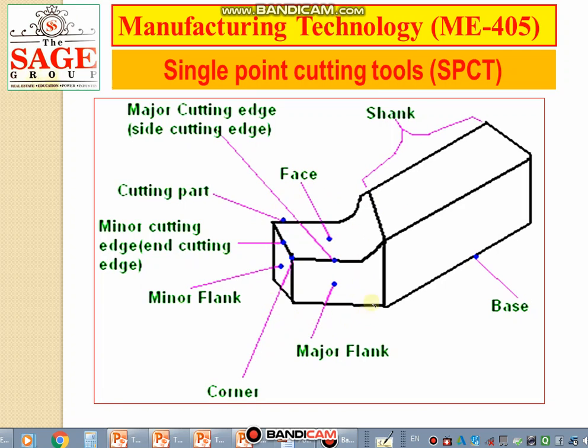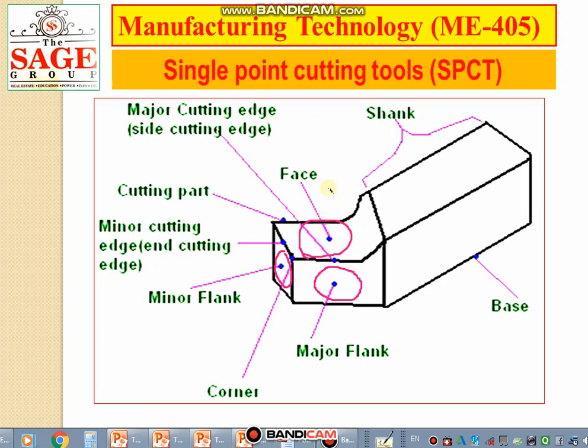This cutting part has been covered by different features. This is the face, the top portion of the cutting part. And this is the major flank or side flank, and this is the end flank or minor flank. So these are the different features of the single point cutting tool.